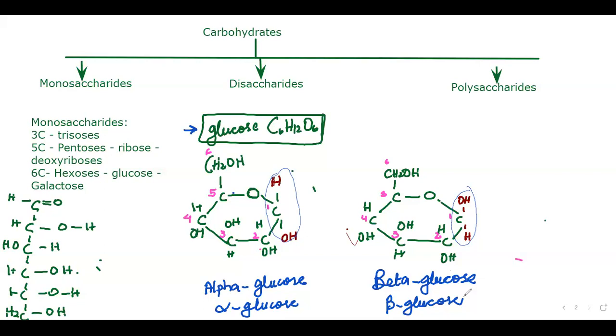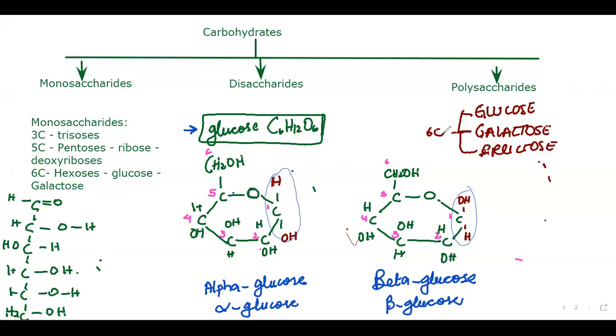And we are doing chemistry, so you will see in chemistry how they can be of different types. So alpha glucose and beta glucose is one type of isomer. And then we can have glucose, galactose, and fructose. These are the three monosaccharides that we have that are hexoses, right? 6 carbon.